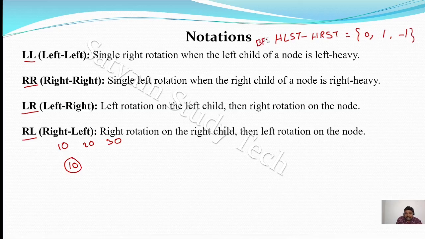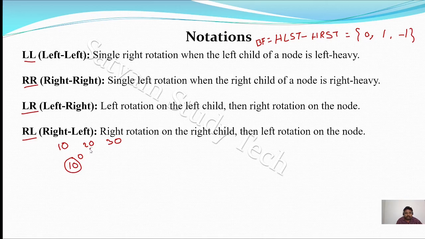Now here, what is the left subtree height? There is no left subtree, so that is 0. There is no right subtree either, which is also 0. 0 minus 0 is 0. So the balance factor of node 10 is 0.